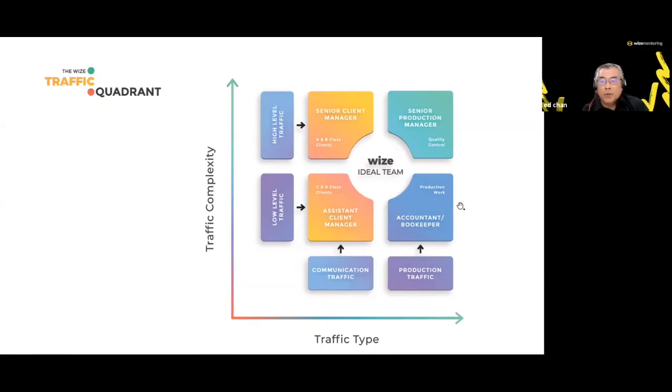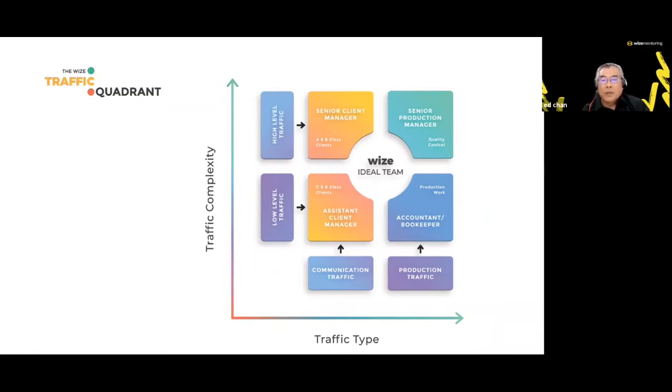So you can push the work down to them, get the work done, or it could be someone who's less experienced but in training. The work gets done, comes back to the assistant client manager. The assistant client manager finishes the I returns off and then calls the client. So that's the two people working together to service an individual return.